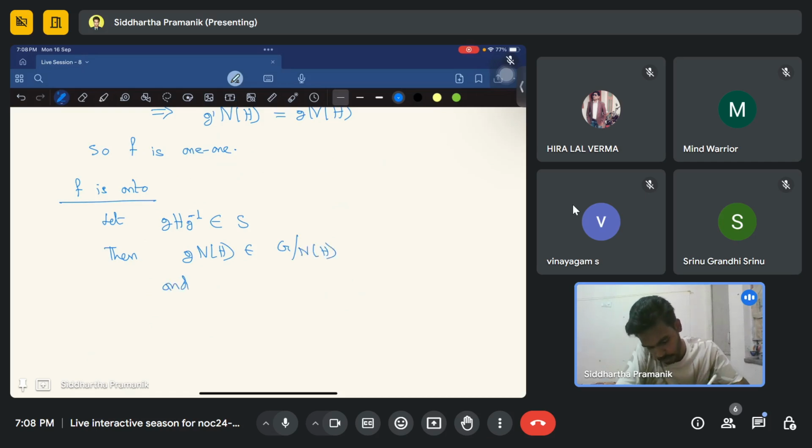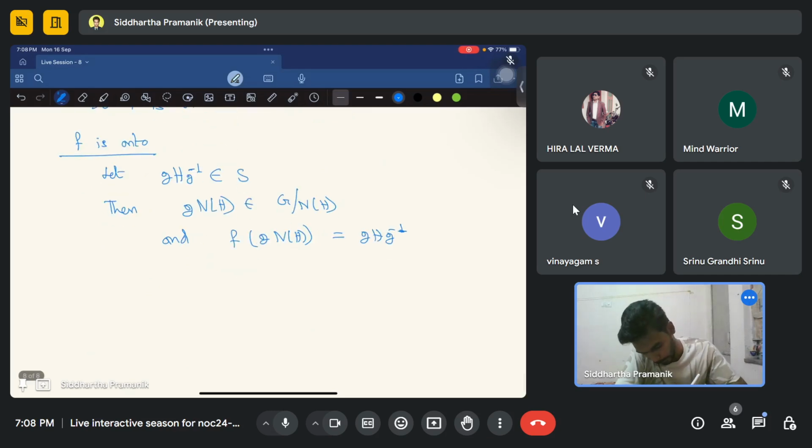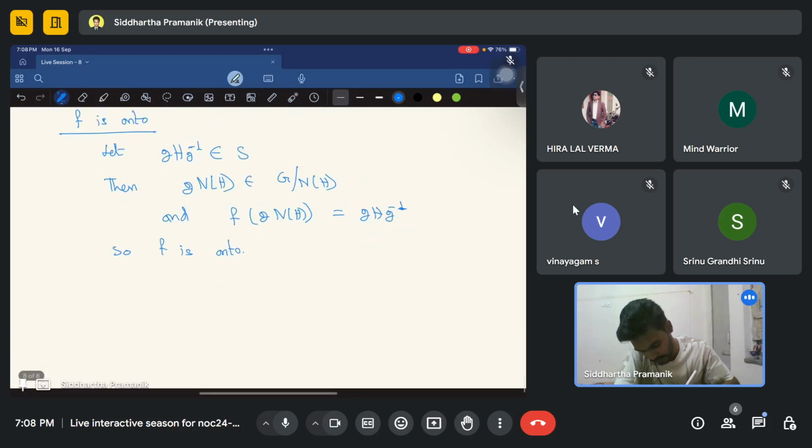And what is the image of this? This is basically gHg inverse. So f is onto clearly. So that means f is a bijection.